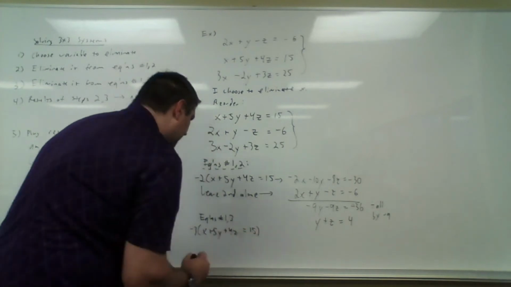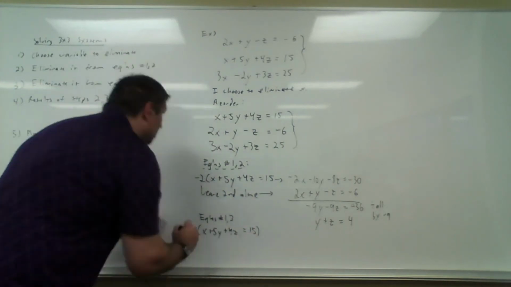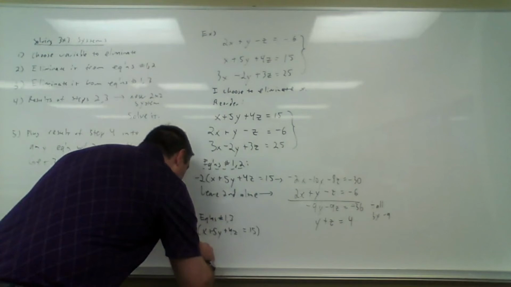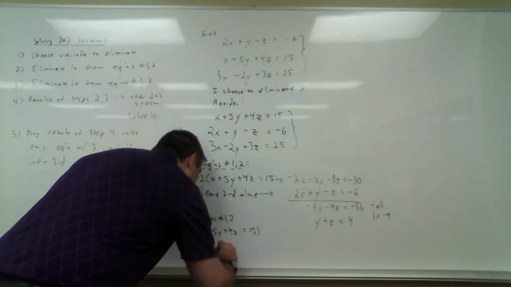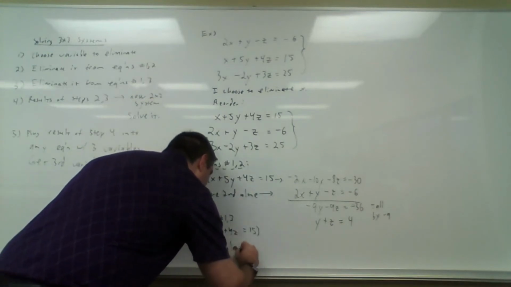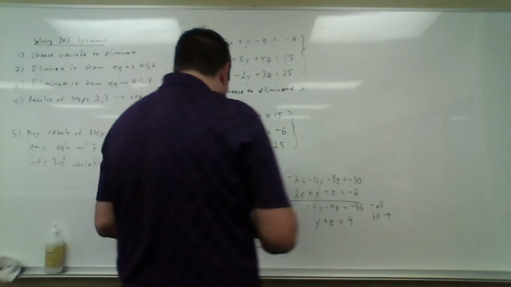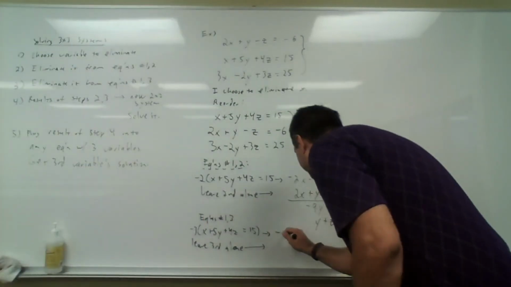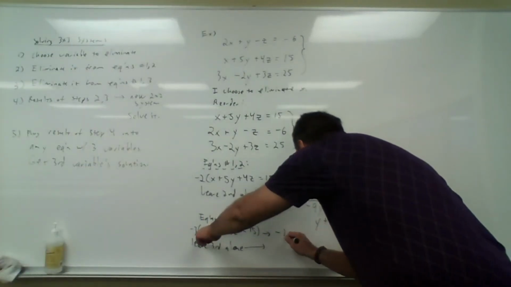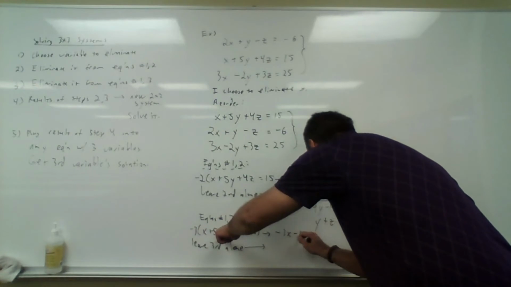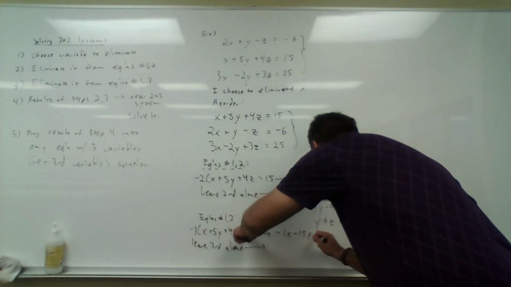We'll leave the third alone. This is going to give me negative 3x minus 15y minus 12z equals negative 45.